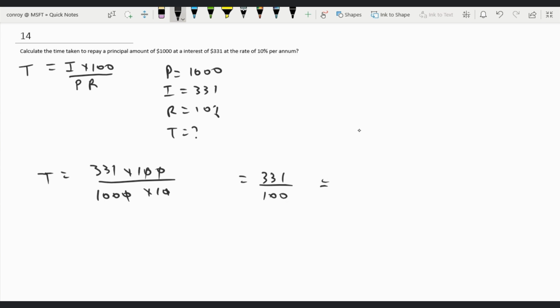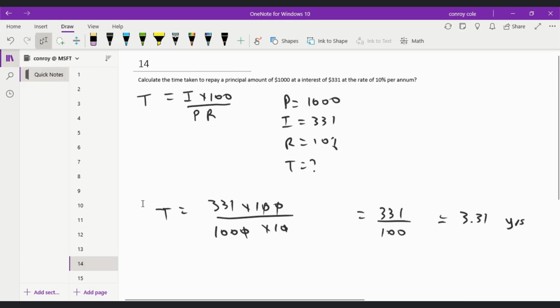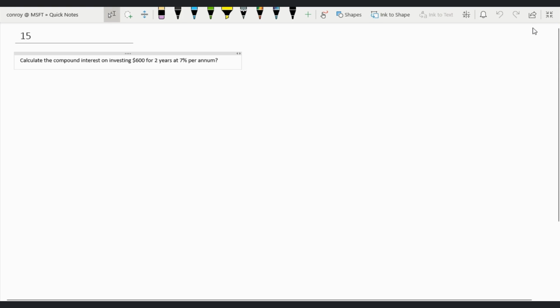Our years would be 3.31 years. We know that figure isn't so well rounded, but that would be the answer. There would need to be some other simplifying or restructuring. That would be what we get by just applying the formula.